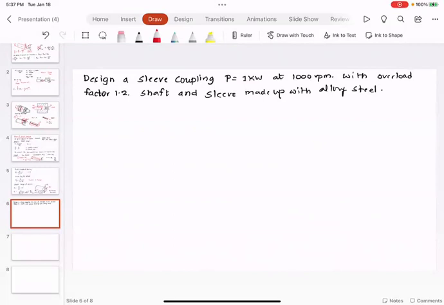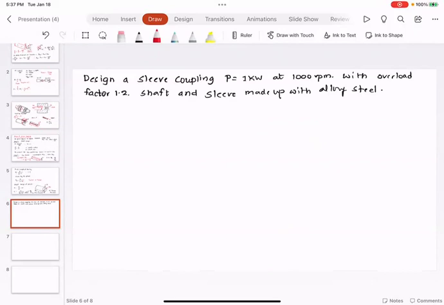So typically for the steel, the crushing stress can go anywhere between 150 to 200 Newton per millimeter square. Tensile stress can go from 70 to 100 Newton per millimeter square. And shear stress would typically go from 45 to 60 Newton per millimeter square, depending upon the grade of the steel.